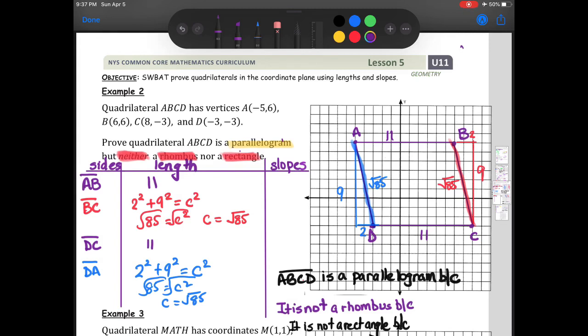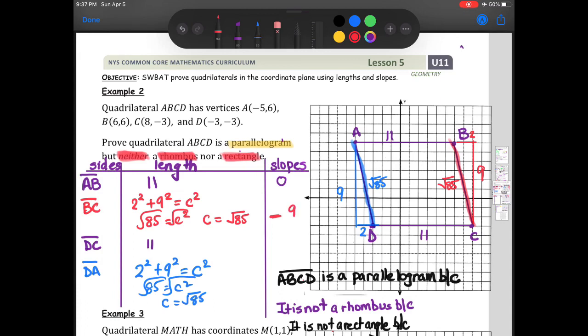AB, remember we said if it's a horizontal line, your slope is what? 0. Now the other one in red, BC, what's the slope for BC? Look at the line, it's going down, so it's going to be a negative slope, right? And what is the slope?